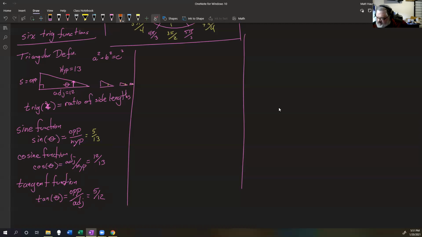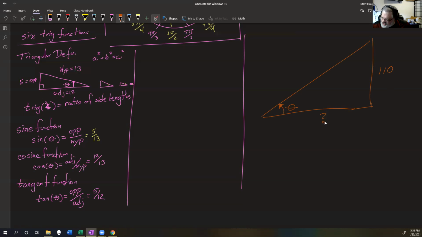If you want a quick example of why we might care, let's say we want to take this same angle, theta, and we want to build a model where this length, let's say that opposite length was 10.